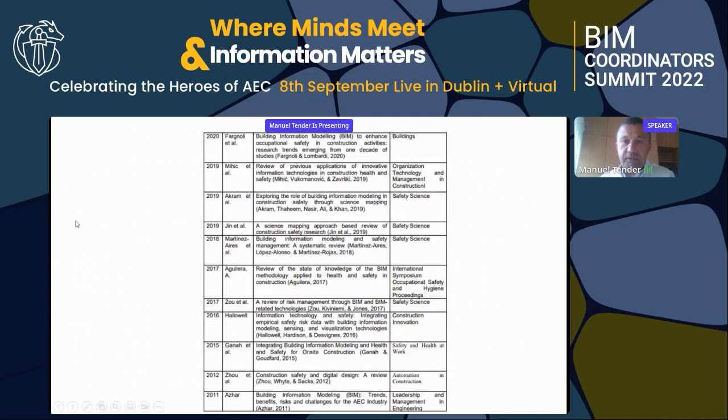There's already some research done about this theme. I've got this table just to remind us of some of the papers that have been published since 2011. There are some countries with very mature knowledge about these applications of BIM in the health and safety area.